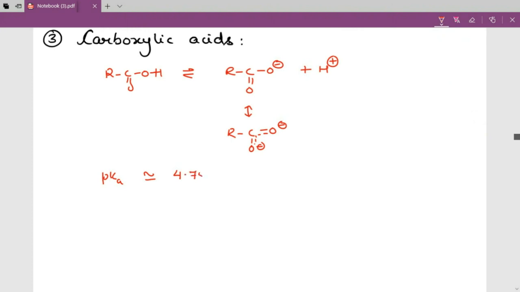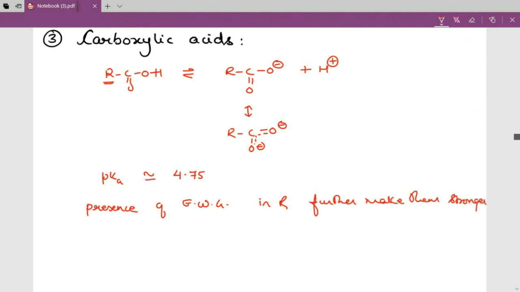They are very strong acids. In general, their pKa is somewhere around 4.75, and this Ka is further increased if there is a presence of electron withdrawing groups in this R. The presence of electron withdrawing groups in R further makes them stronger acids.